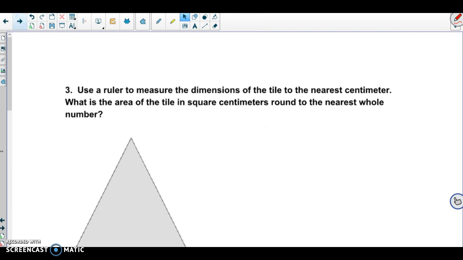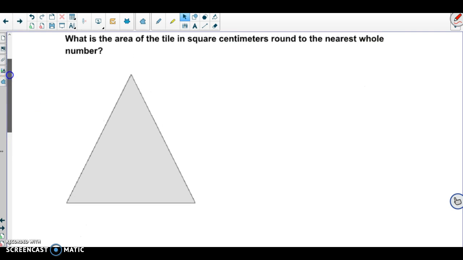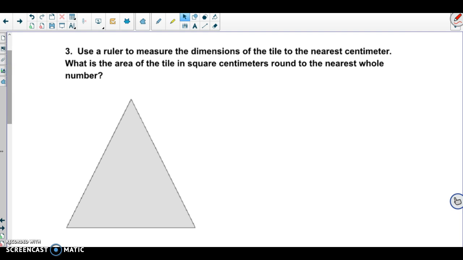So page 2, it says use a ruler to measure the dimensions of the tile to the nearest centimeter. What is the area of the tile in square centimeters, rounded to the nearest whole number? Well, here's our situation. You can't see me use a ruler on here, so you're going to have to use the ruler, but here's where I need to measure.